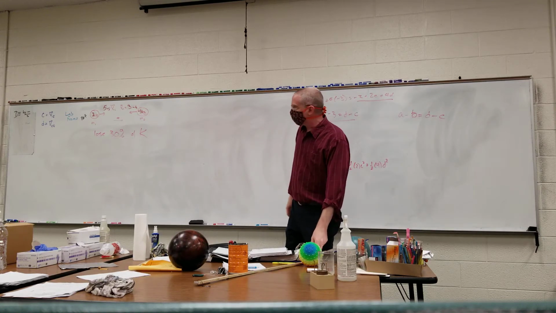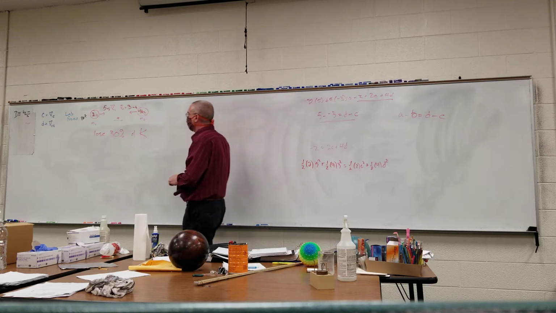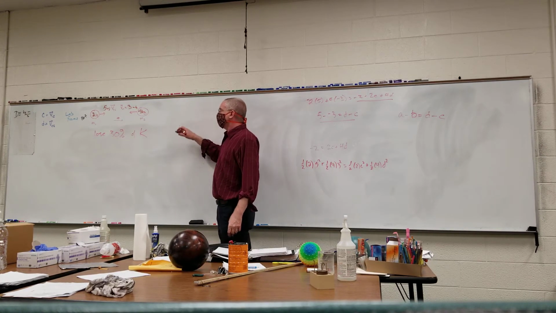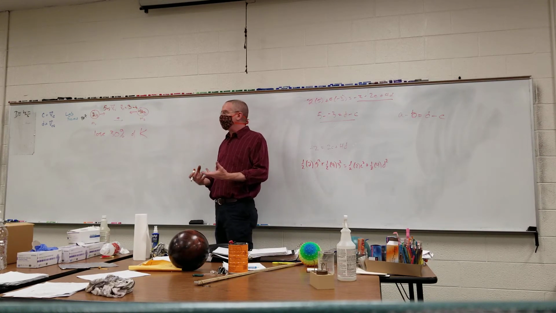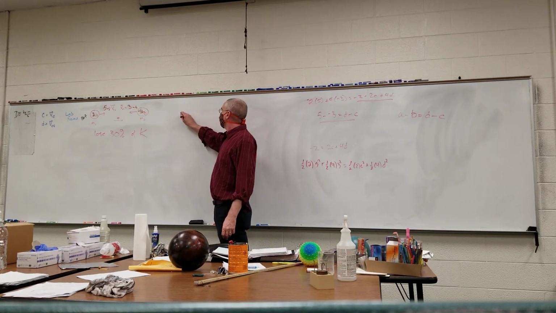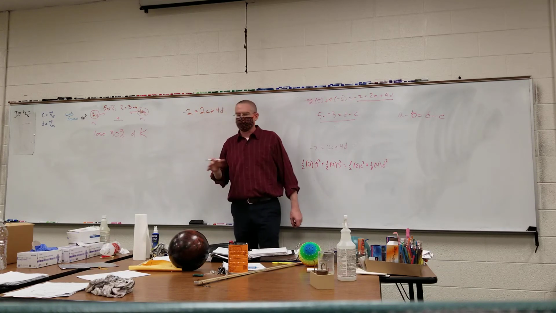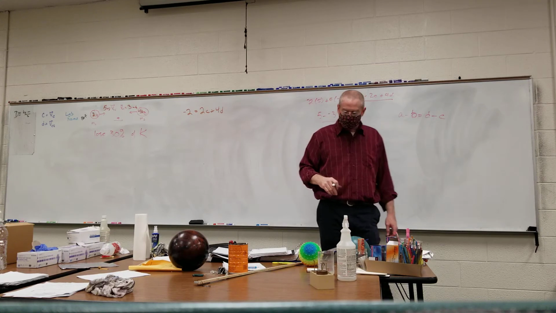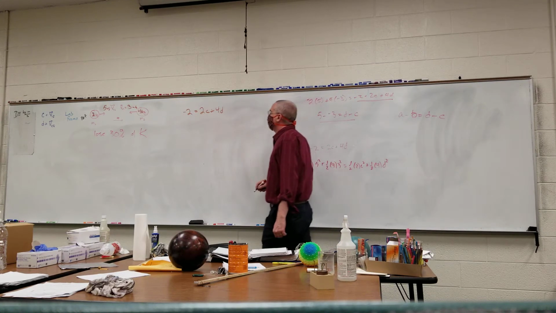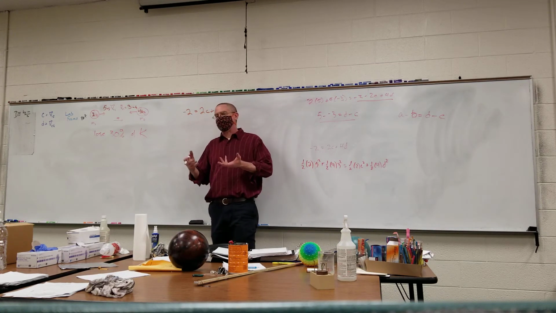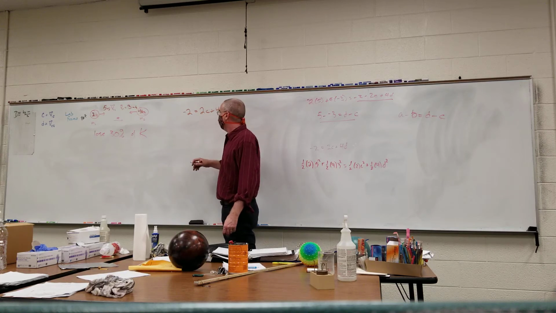There is no nice shortcut here, at least not that I've seen. So we still have our conservation of momentum problem. Collision, conservation of momentum. So we still will start out with -2 is equal to 2c plus 4d, just like we've done before. The second one, we do have to use the kinetic energy equation.